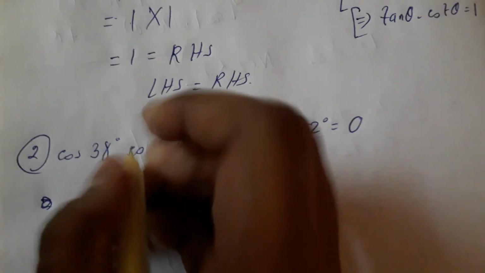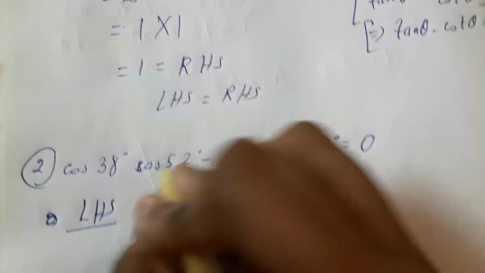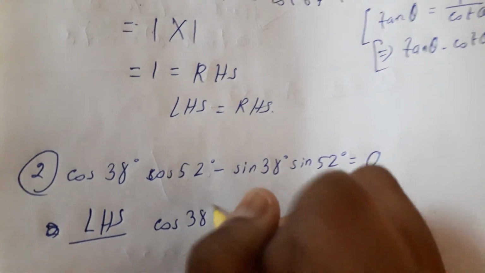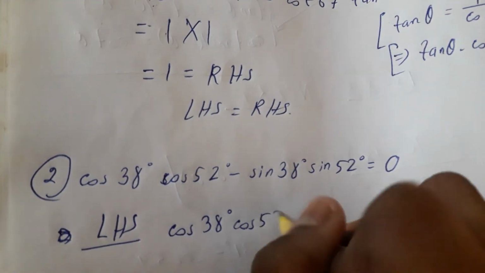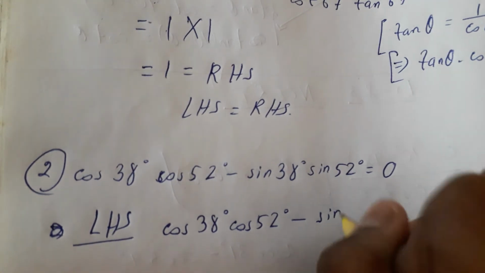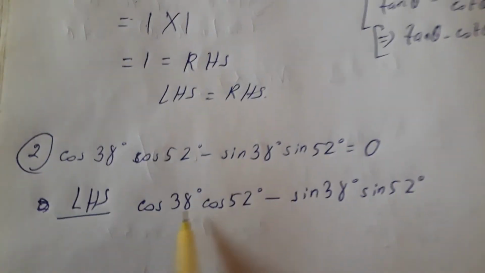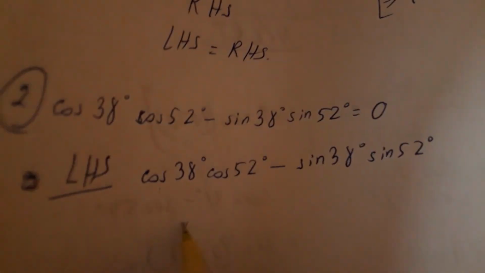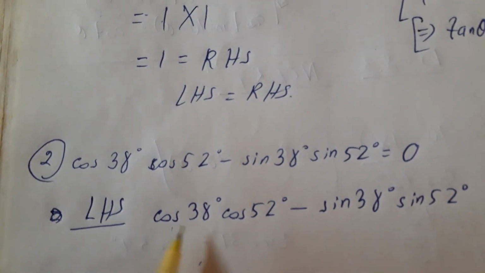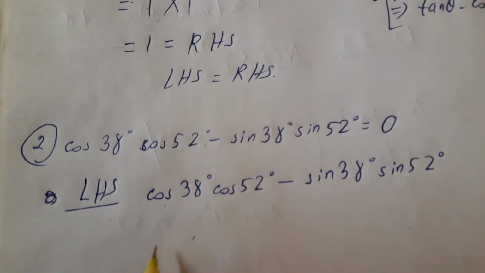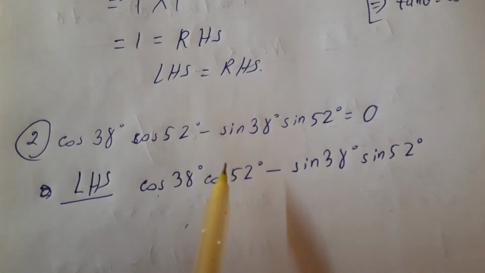See, first you have to take LHS, that is cos 38 degree cos 52 degree minus sin 38 degree sin 52 degree. Okay, now see, we know cos theta is equals to sin 90 minus theta, and you see here 38 degree plus 52 degree is equals to what? Is equals to 90 degree.